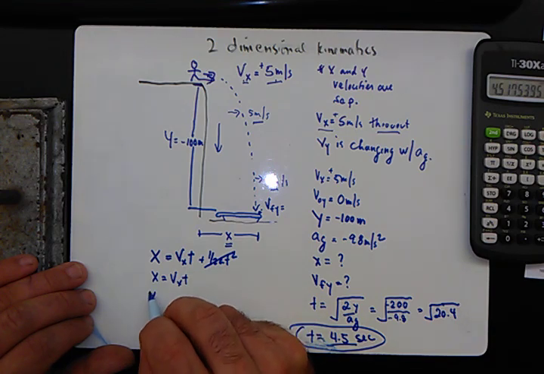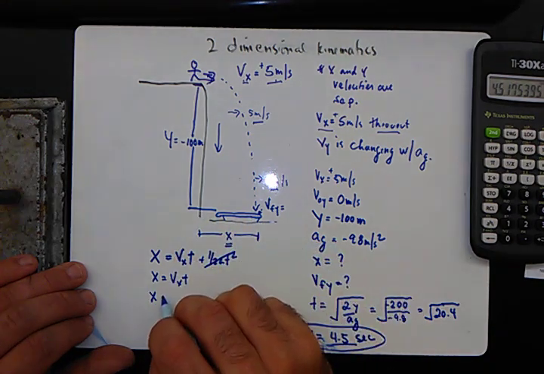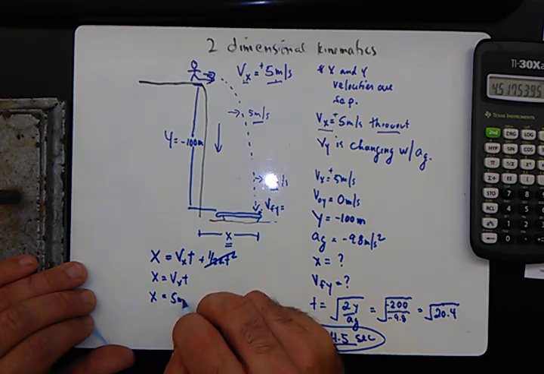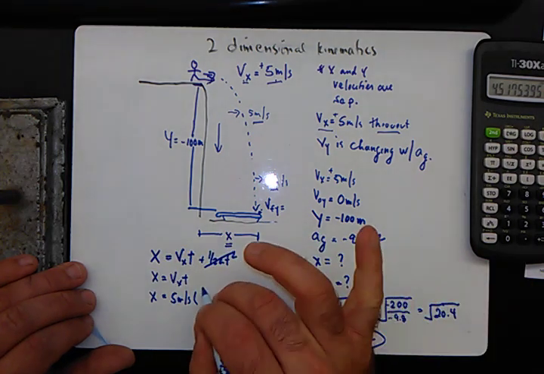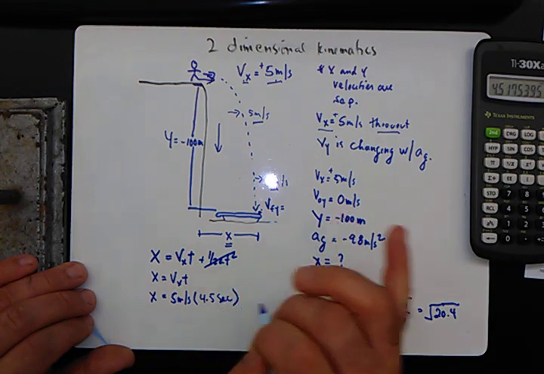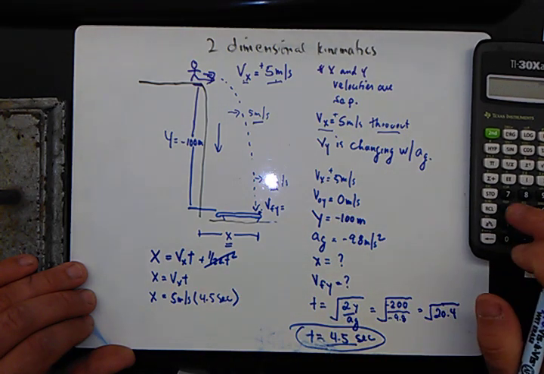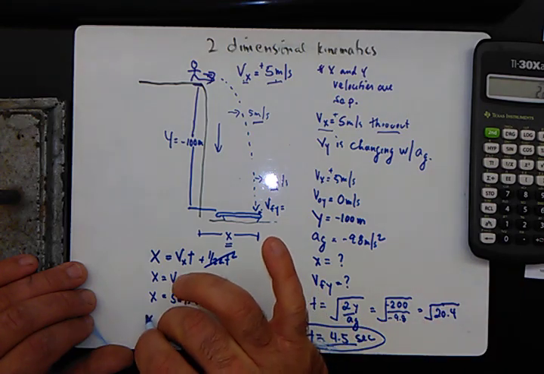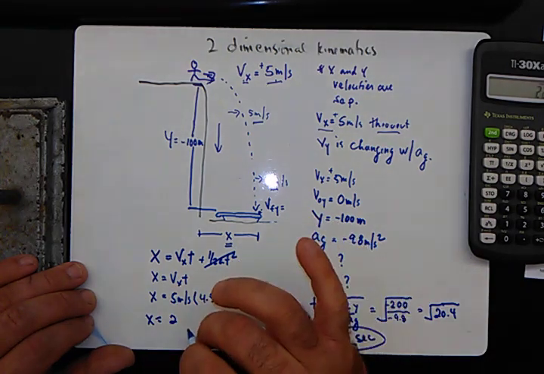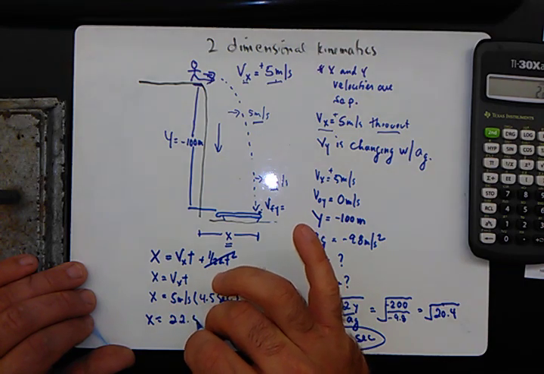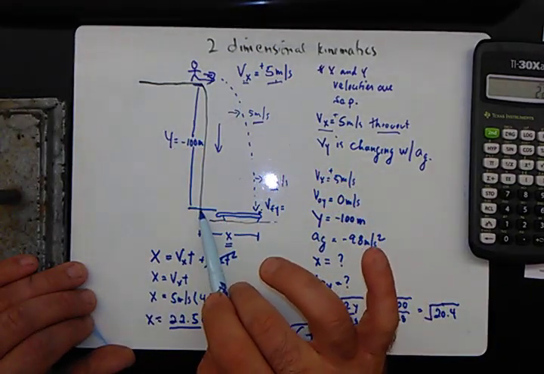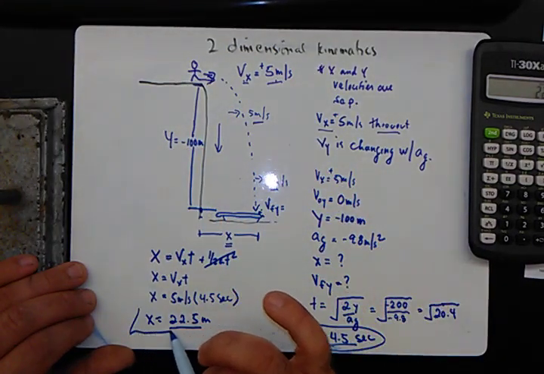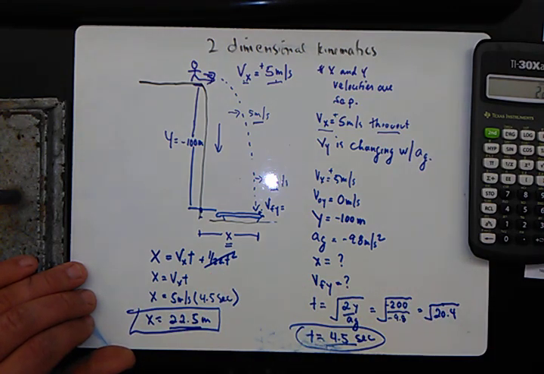So x, this displacement here, is the velocity in the x direction times the time in the air. We had 4.5 seconds, so 5 times 4.5 is, well, we better put that trampoline about 22.5 meters away, because that's how far this fella is going to be off the base of the cliff. So that is our displacement in the x direction, 22.5 meters.